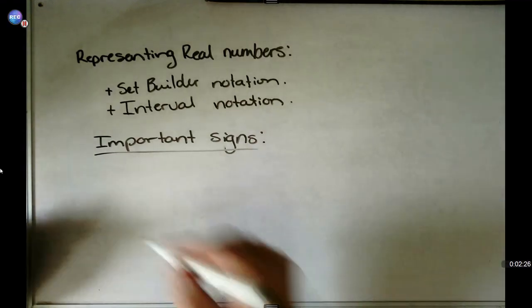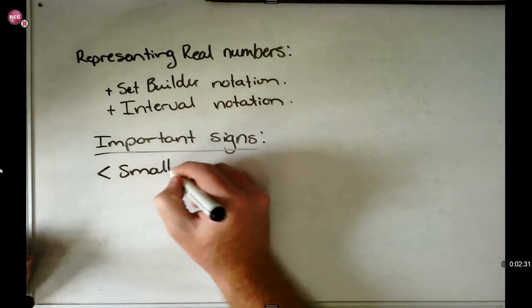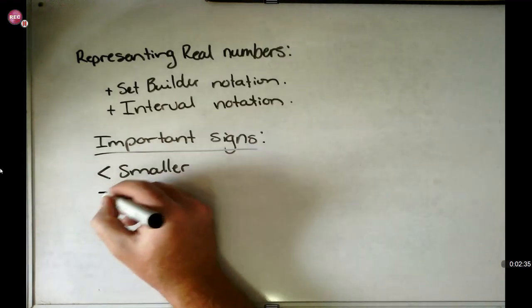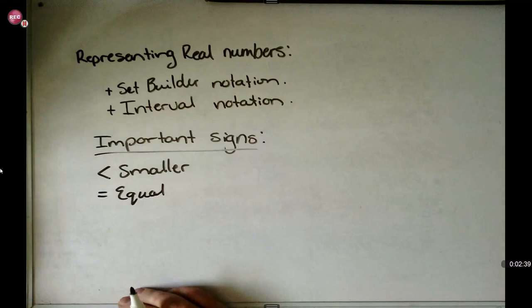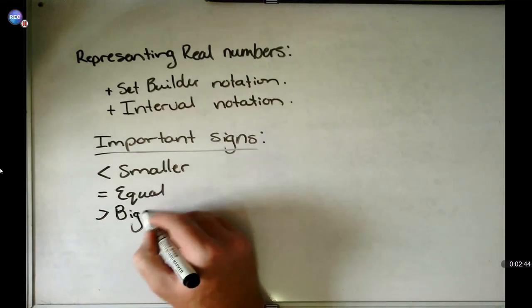So the first one is the smaller than sign. The one that's underneath it here, we all know also, is the equal sign. Then we've got the bigger than sign.